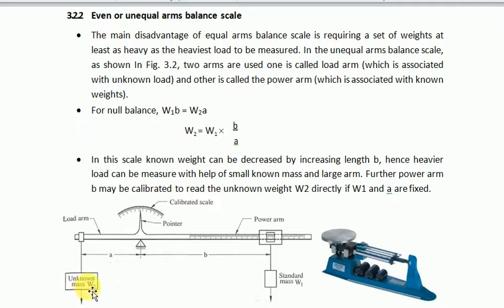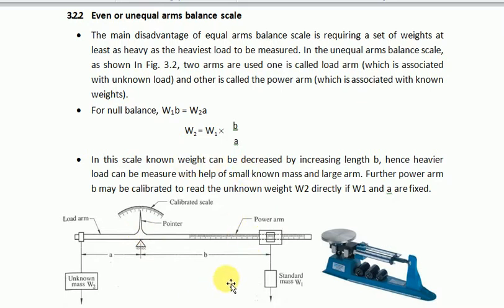This is W2, the unknown mass, and this is W1, the known mass. By balancing the moments on both sides, with this as the pivot point, the moment generated on this side should be equal to the moment on this side.